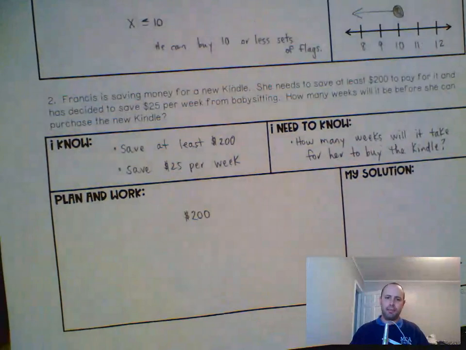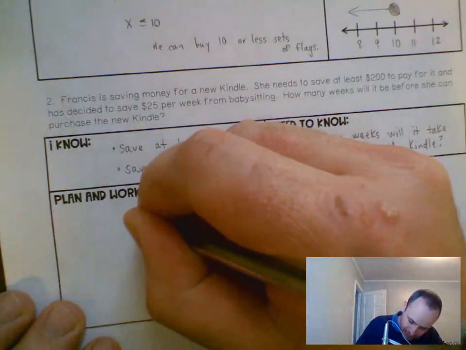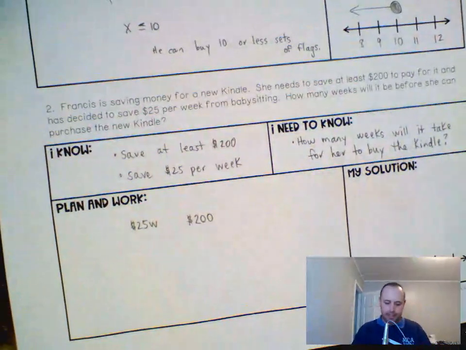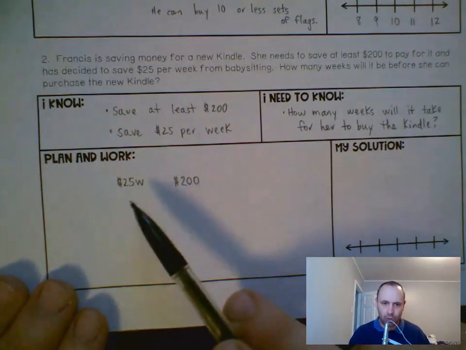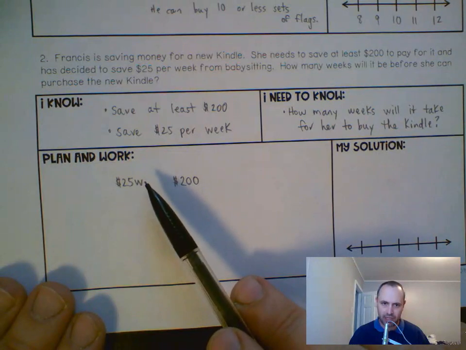So go ahead and take a minute and see. If she's going to save 25 per week, it'd be 25x or 25w if you want. Think of it like this: which side has to be greater, the 200 or the 25 times the weeks?